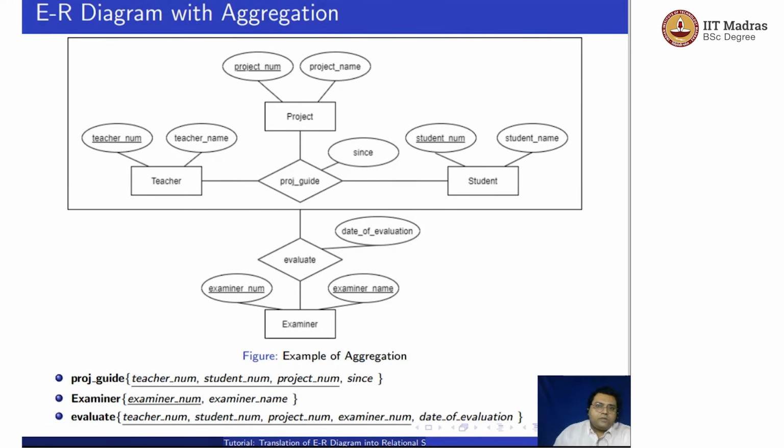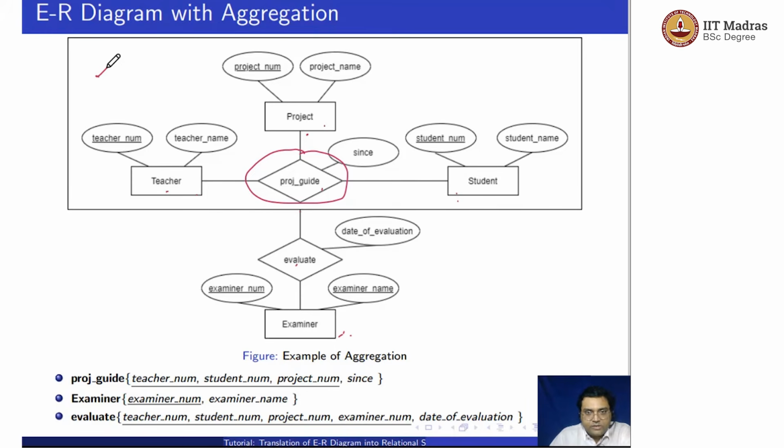Okay. So next we consider a scenario of aggregation. Here we have a ternary relationship where, say, a teacher can guide some students for a project, right? So this is the project guide relationship set. Now what extra do we have? Each project guided by a teacher for a student can be evaluated by an examiner, right?